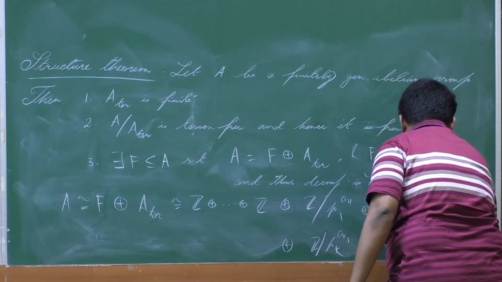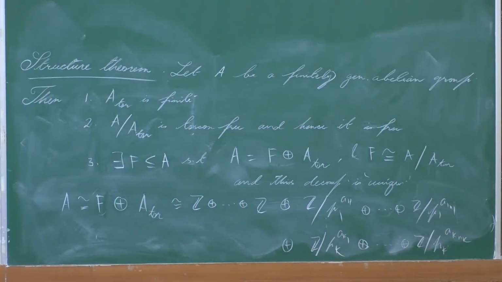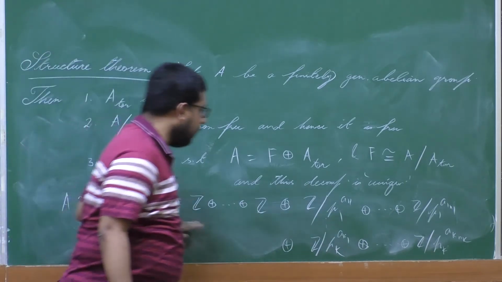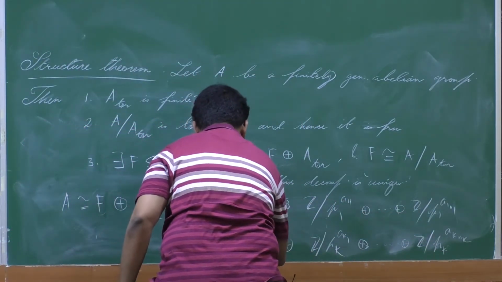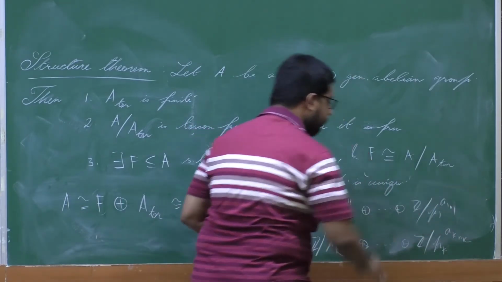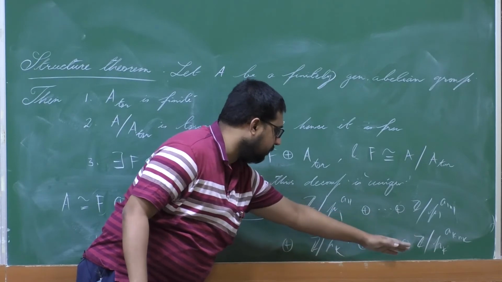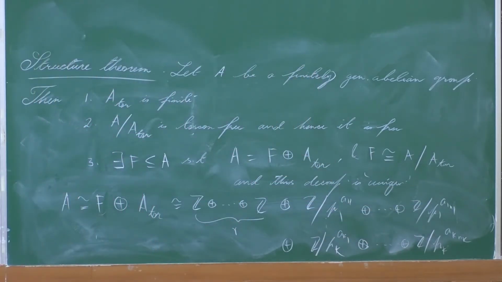Okay. So every finitely generated abelian group must be isomorphic to this for some r, and for some primes pi and positive integers aij.